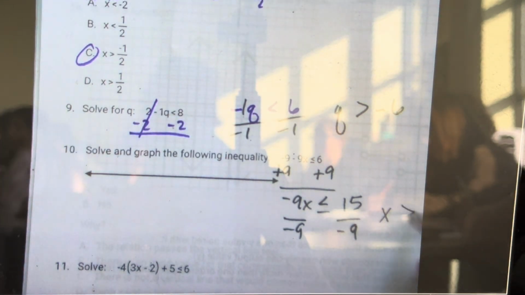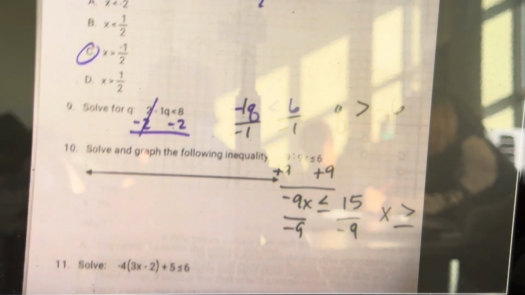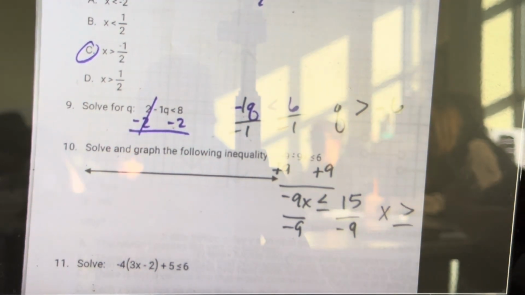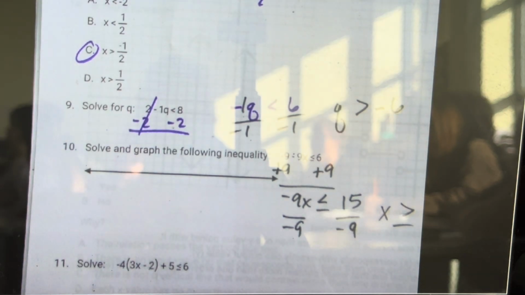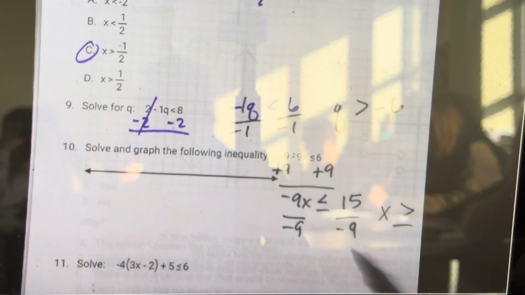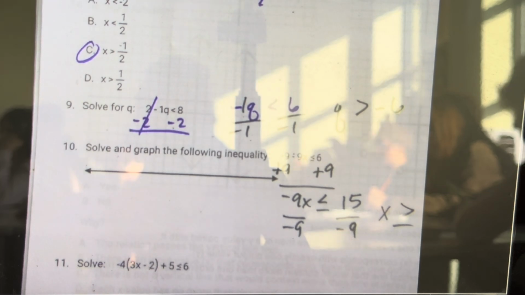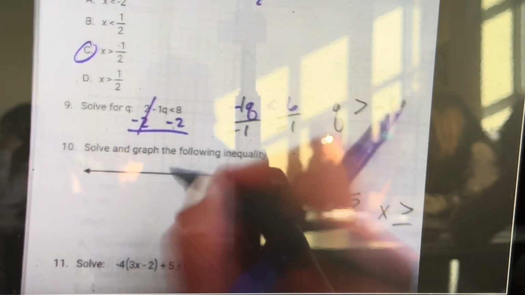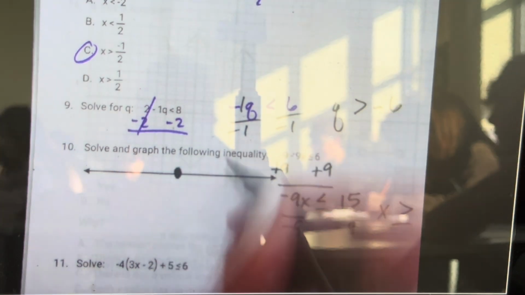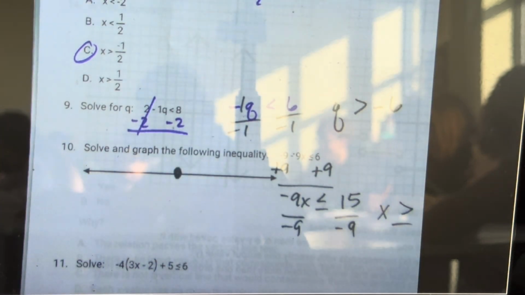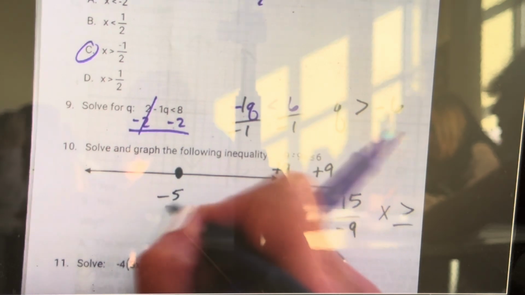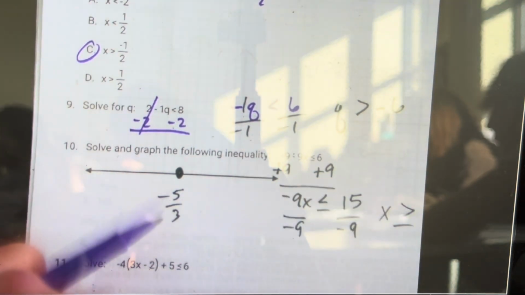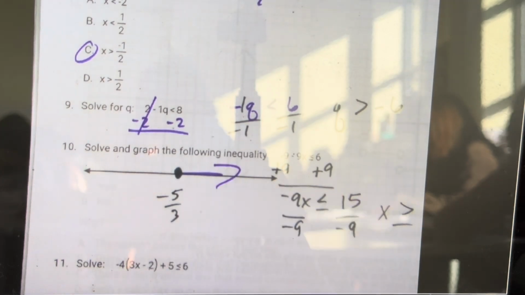Greater than or equal to negative 5/3. So 3 goes into 15 5 times, and 3 goes into 9 3 times. Open or closed? Closed, because it equals. And negative 5/3, of course it'll populate that, and it is greater, so which way are we going to shade? To the right. Okay.